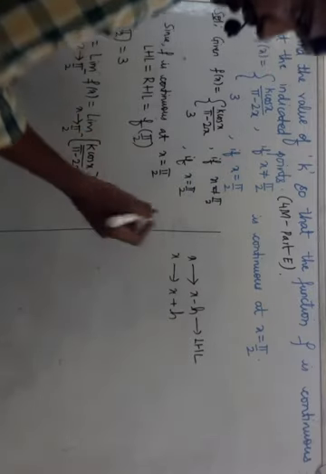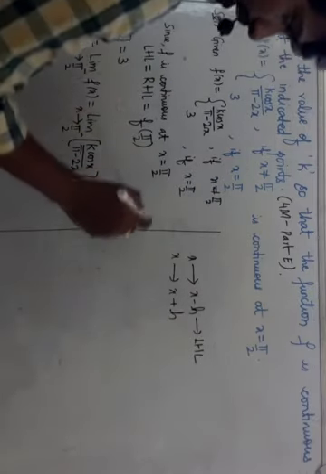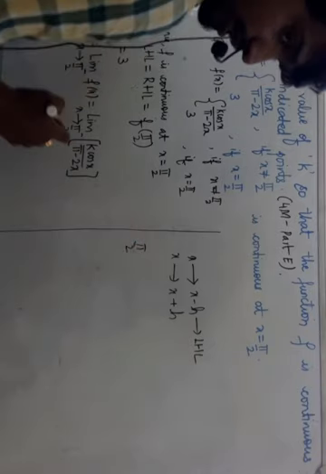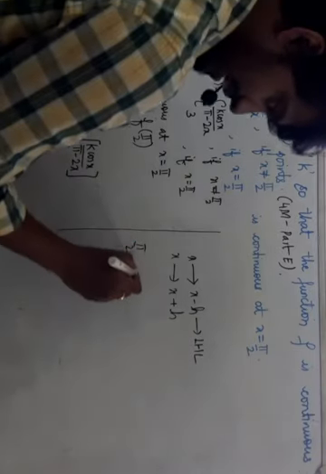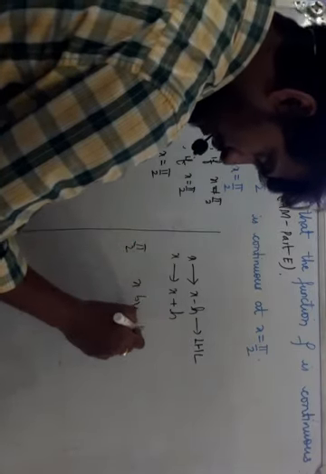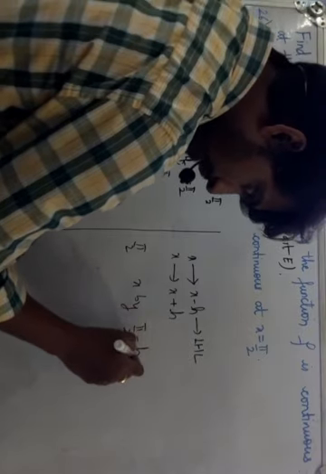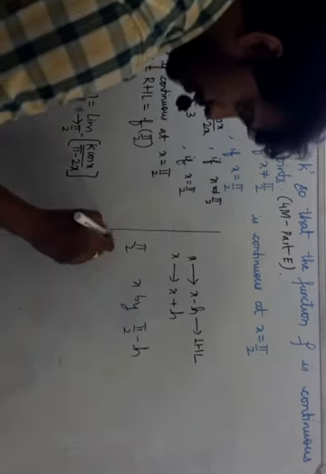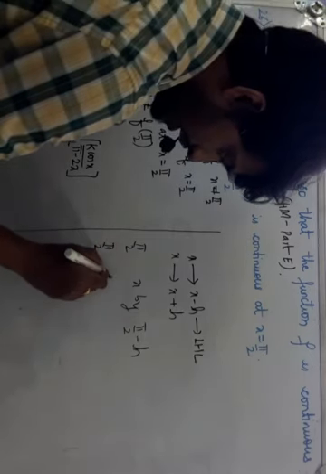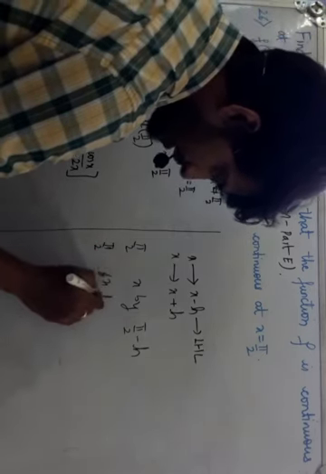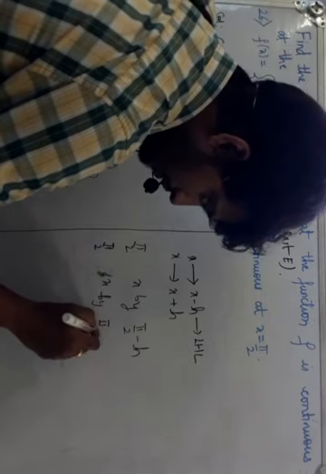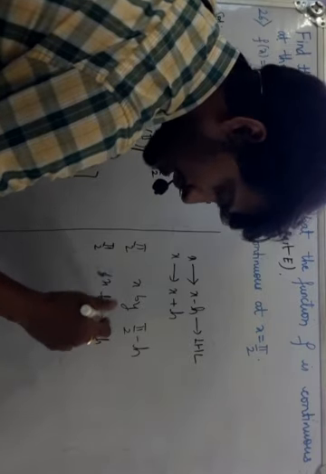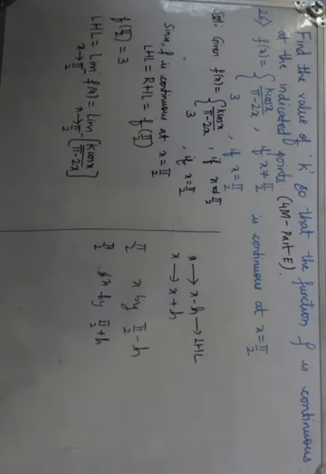You can consider any point. Here the given point is pi by 2. For LHL, replace x by pi by 2 minus h, so it will be towards the left hand side of pi by 2. For RHL, replace x by pi by 2 plus h, which will fall on the right hand side of pi by 2.